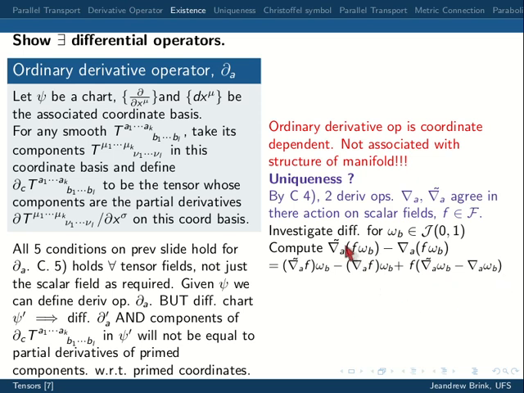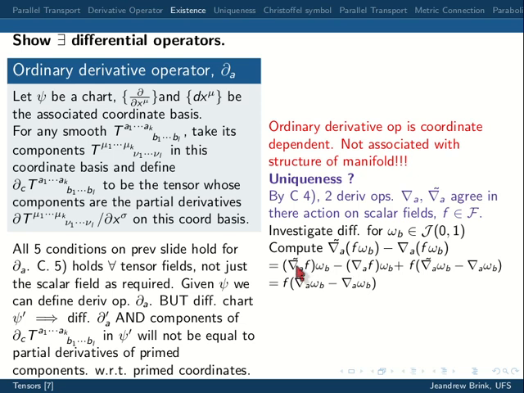Okay, and this part we know is 0, because the derivative operator applied to the scalar and the other derivative operator applied to the scalar must be the same because of our condition 4. So these two are the same, therefore they subtract, and we're only left with this thing.